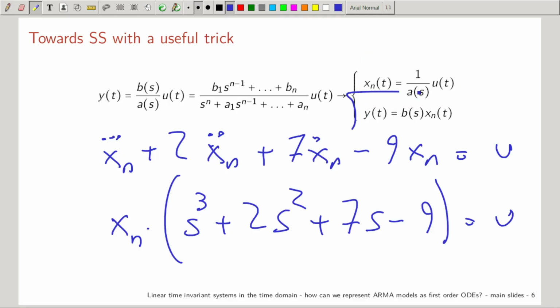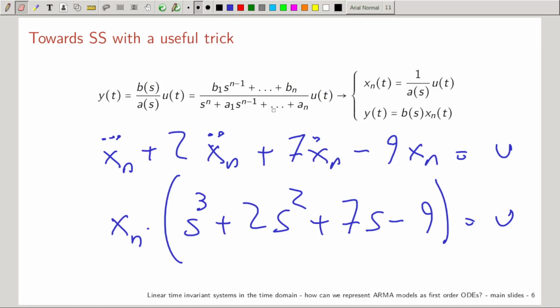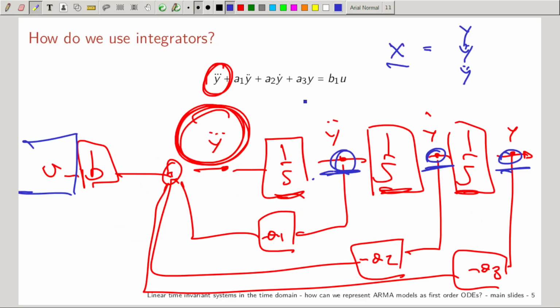And then whenever I take this object here, what am I doing? I'm recreating y. You see that in a certain sense, this is the definition with this Laplace that we're going to see, with collecting S or using S as derivatives. Having an intuition that my state is in a certain sense deriving from a chain of integrators. Let me say it again. My state, whenever I'm going to work with ARMA, is going to follow a chain of integrators, because we know how to represent ARMA as a chain of integrators.